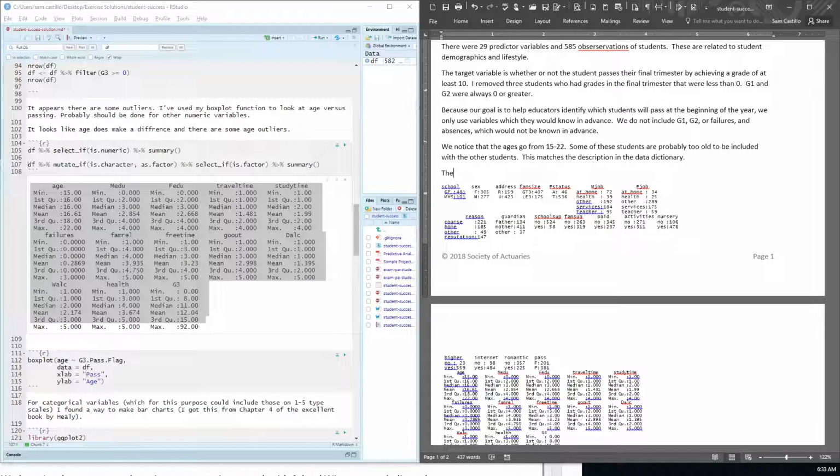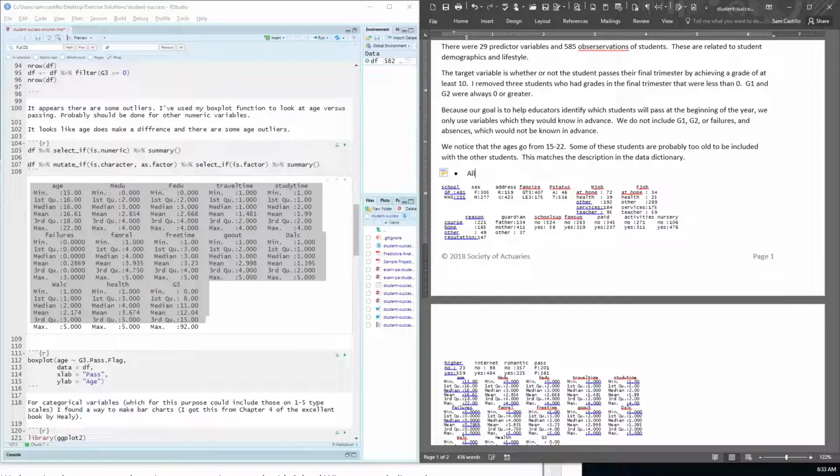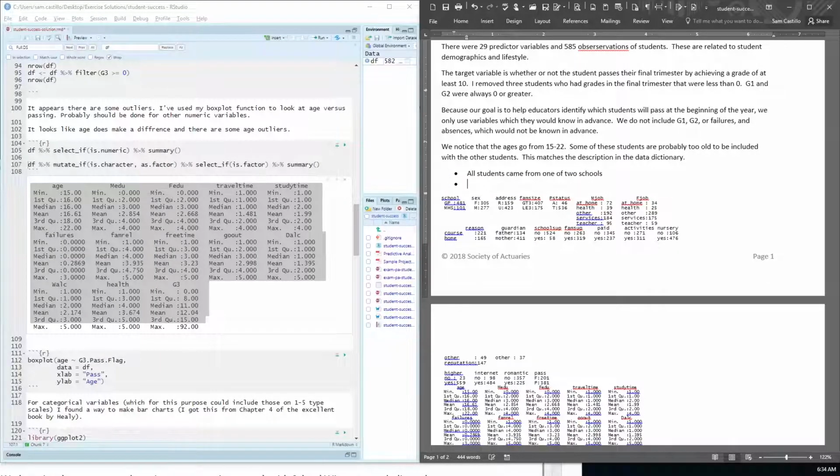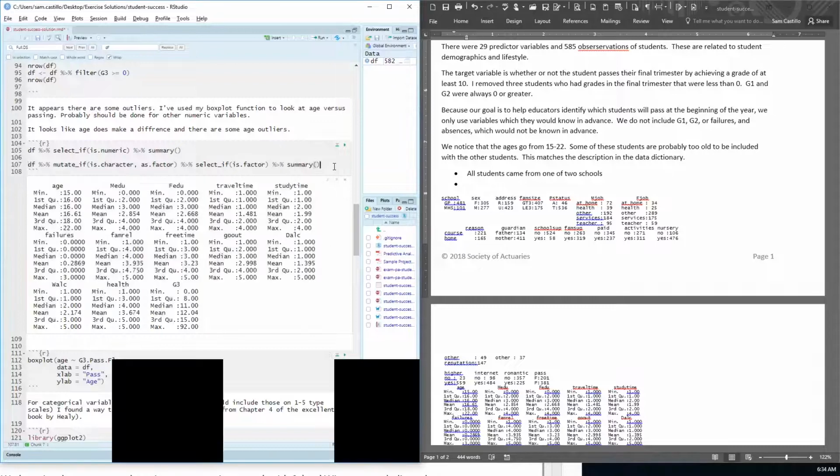Right. So I'll just create some bullet points. All students came from one of two schools. What is address?